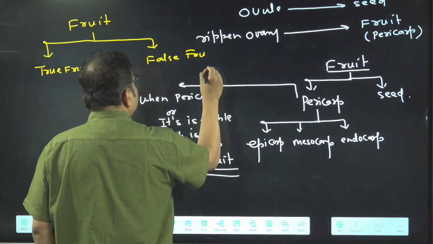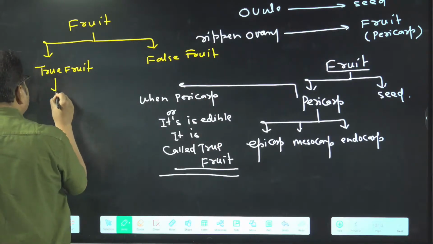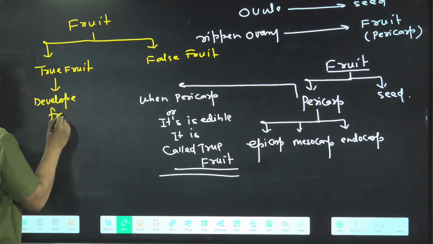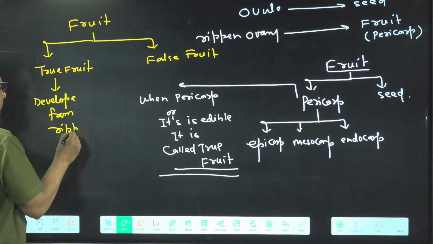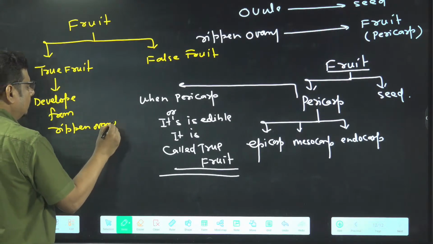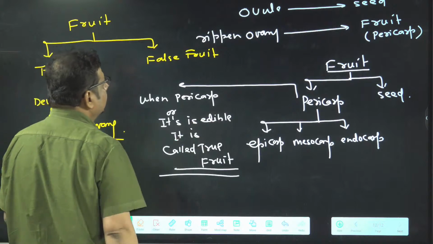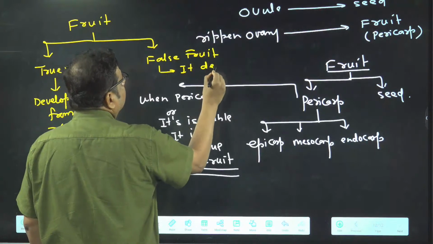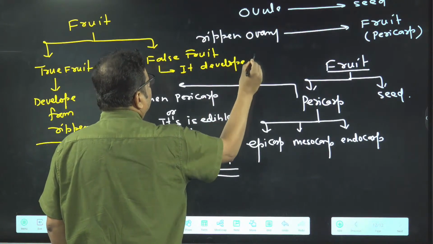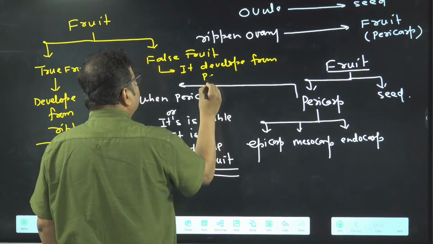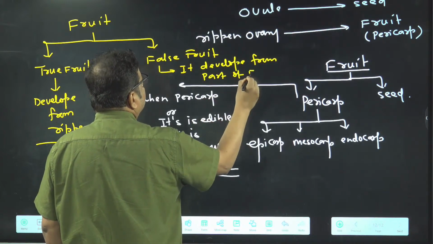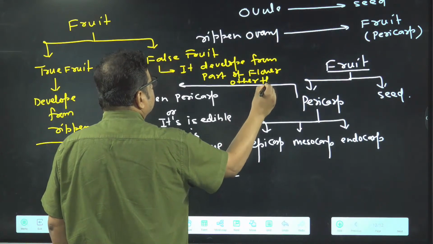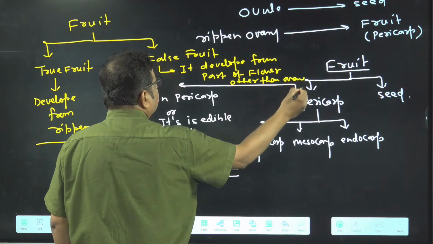True fruit develops from the ripened ovary. Got the idea? Ripened ovary is pericarp. If we talk about false fruit, it develops from a part of the flower other than the ovary.